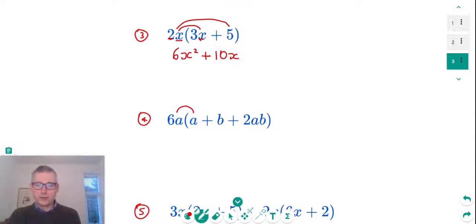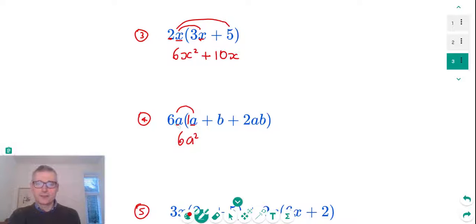We can think of the a as being a 1a, if we like. So multiply the number bits together first. 6 times 1 will just give us a 6. And then we can multiply the a parts together. And a times a will give us a squared. So the result of multiplying 6a and a together is 6a squared.